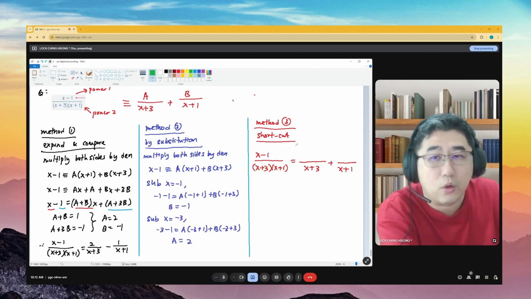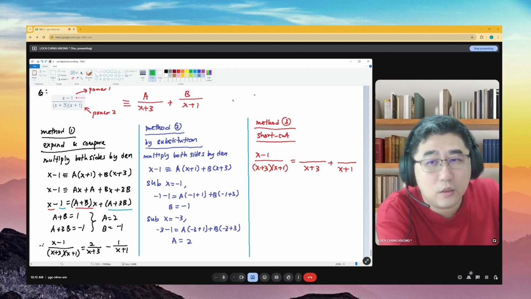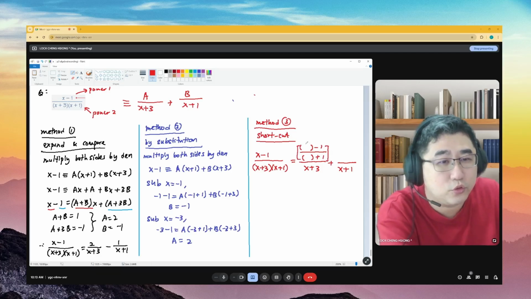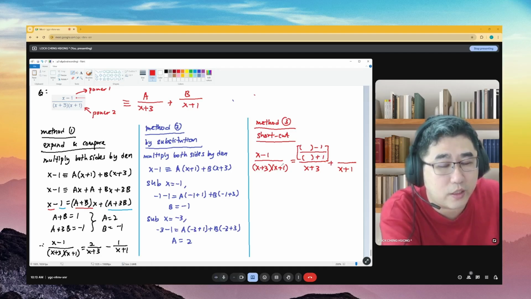So you will write blank minus 1 over blank plus 1 above. Of course, you're not going to write the bracket like this; I'm writing the bracket just to show you as a lesson. Blank minus 1 over blank plus 1.